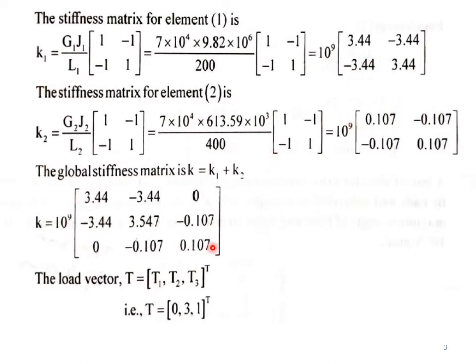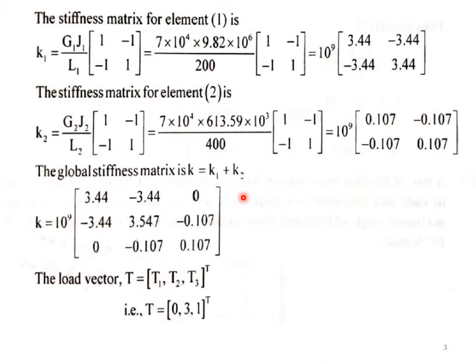A simple addition method is this: these are the values for element 1, and these are the values of element 2. Element 1 means nodes 1 and 2, so at this point we will write 1 2, 1 2, and for element 2 the nodes are 2 and 3, so we write 2 3, 2 3. For the entire matrix there are 3 nodes, node 1, node 2, node 3, and 2 elements.